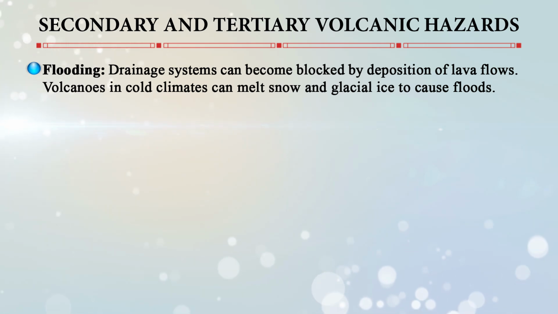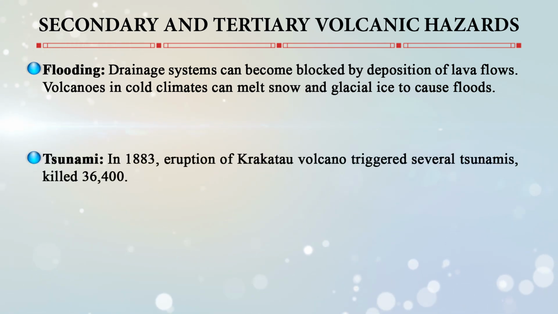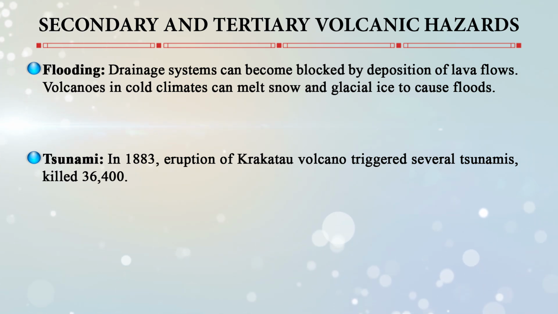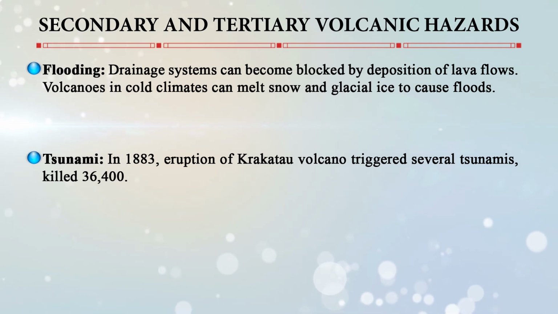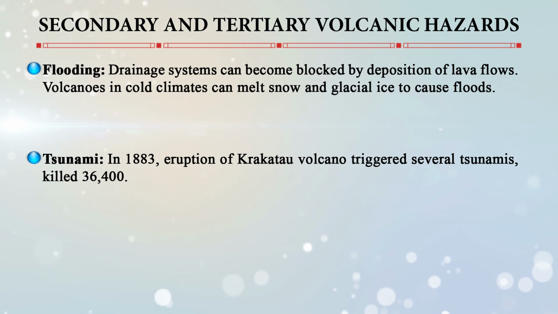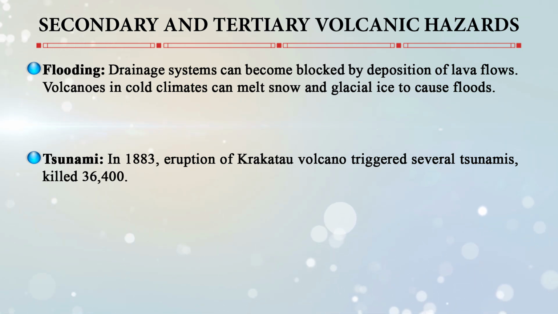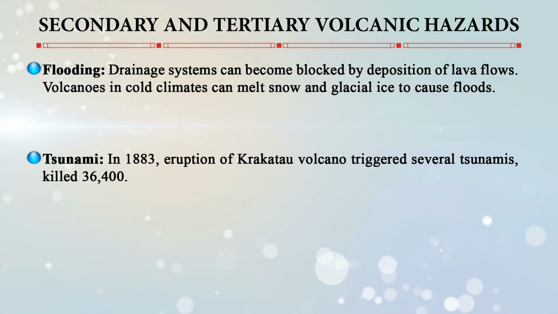Then volcanoes can also cause tsunami. In 1883, eruptions of Krakatau volcano triggered several tsunamis, which killed about 36,400 people. A tsunami is caused when a wave is generated in the oceans either by an earthquake or volcanic eruption.